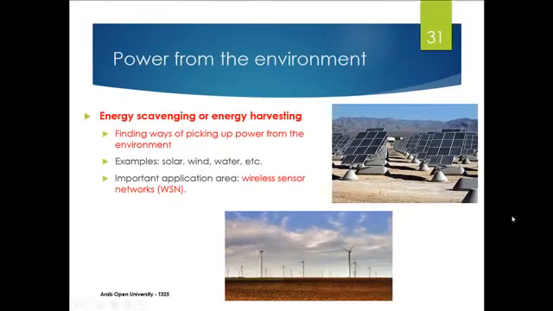Now let's have a look at how to get power from the environment, which is also known as energy scavenging or energy harvesting. There are a lot of examples, such as solar energy, wind energy, water energy, etc. The applications are many. Examples are the use of energy scavenging for wireless sensor networks, where the nodes in these networks should have an energy source such that we do not need to change the battery frequently.